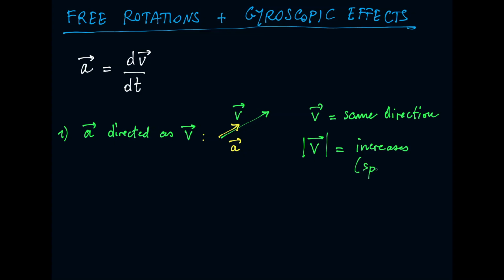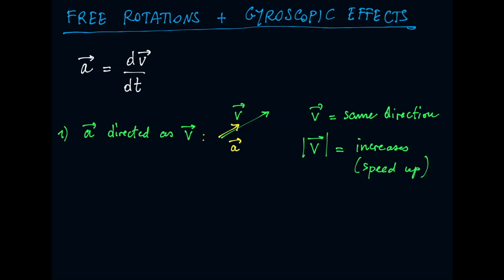So it speeds up. All right. If you're driving your car in a straight line and you push on the accelerator, the acceleration vector is in the same direction as motion, forward, you will speed up.